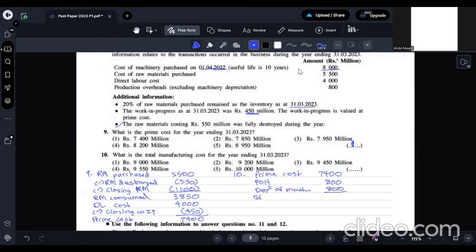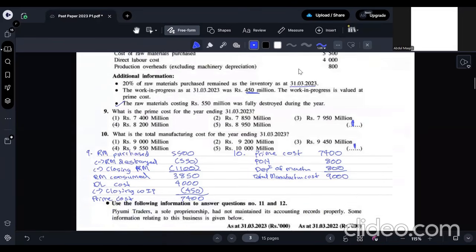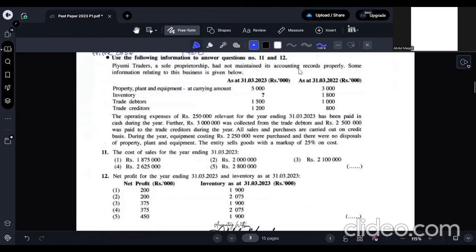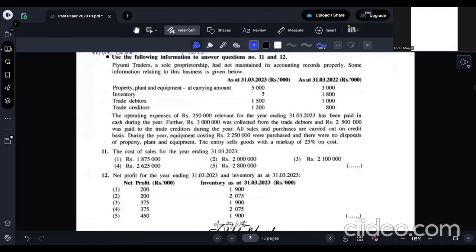Then total manufacturing cost will be 7,400 plus 800 plus 800, that is 9,000 million. 9,000 million, answer number 1. Okay. Then 11 and 12. Okay, give me a minute.